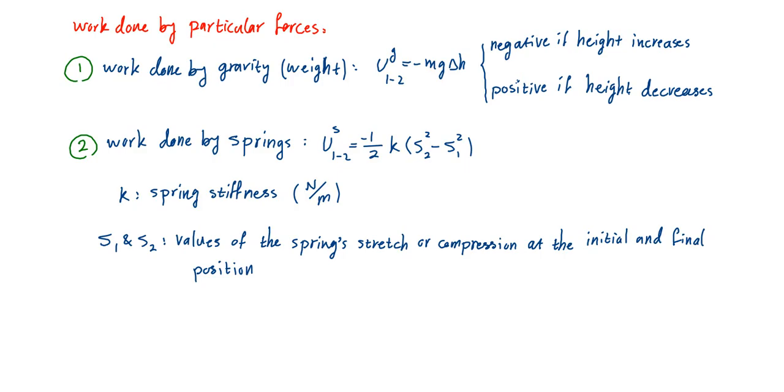The last thing before we start looking at the examples related to work and energy, how can we use it to analyze the motion, is talking a little bit about conservation of energy. The same story as we had for particles.